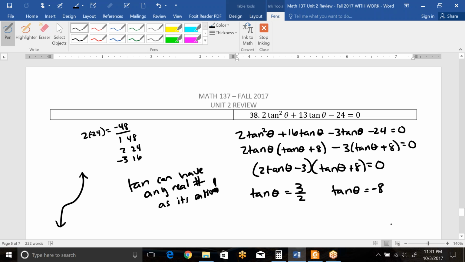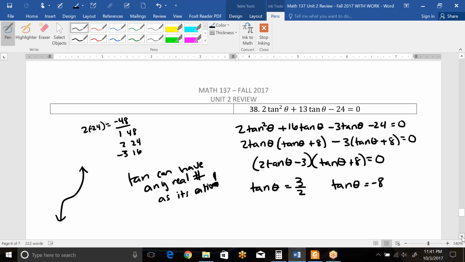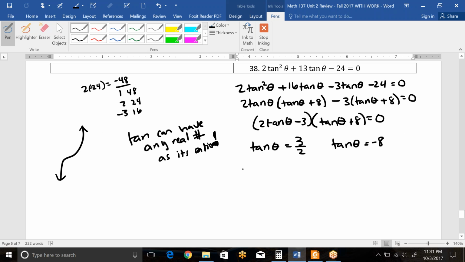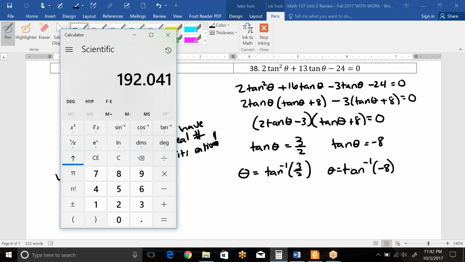So this is different than sine and cosine, which have the waves and they're bounded. So we can use our inverse button. So tan inverse of 3/2 and tan inverse of -8, sorry.